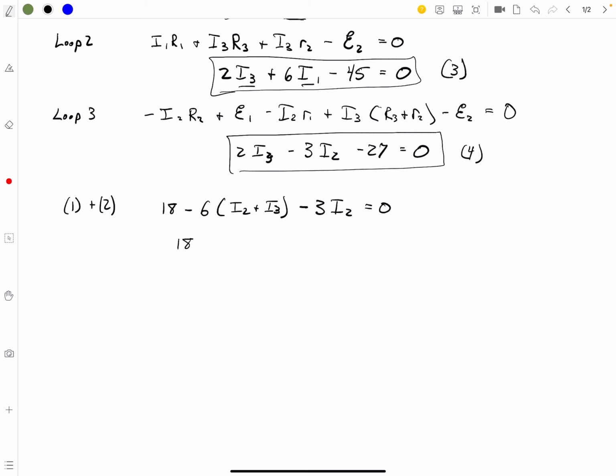So we've got 18 minus 6I2 minus 6I3 minus 3I2 equals 0.